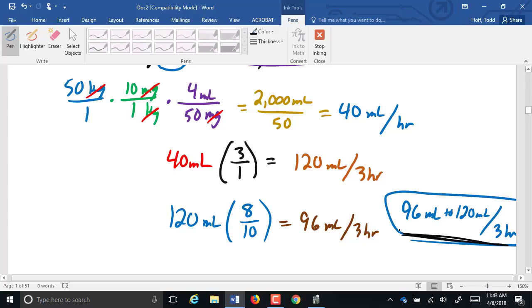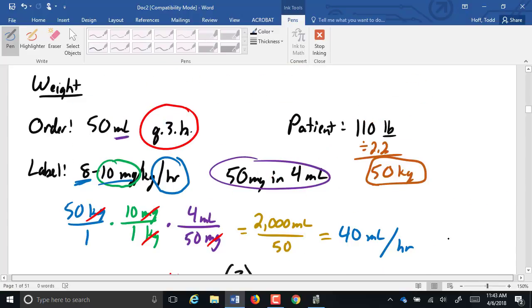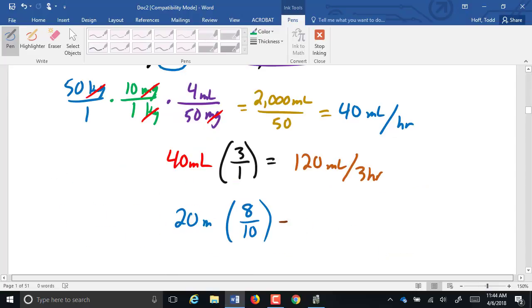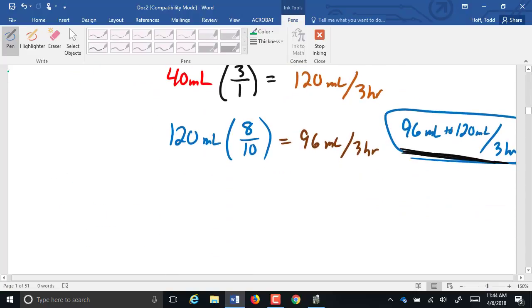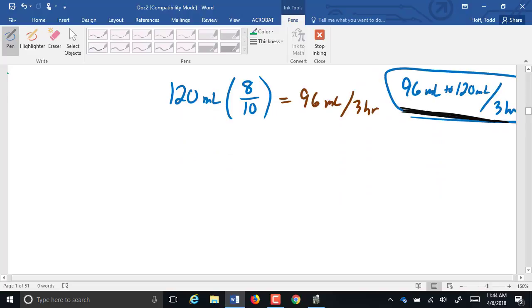So the safe dosage is 96 to 120 milliliters every 3 hours. The doctor prescribed 50 milliliters every 3 hours. So that's something that may need to be checked into. Couple of things there, by the way, that may have played into that.